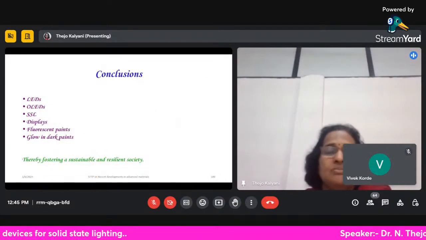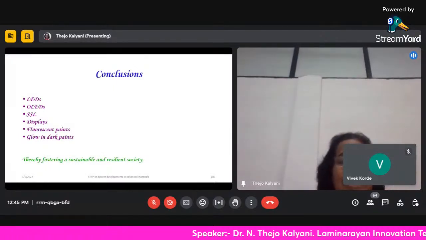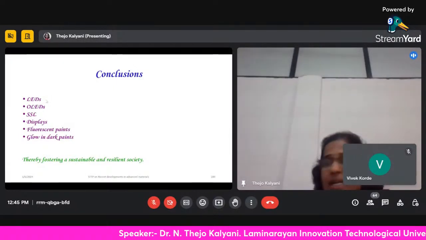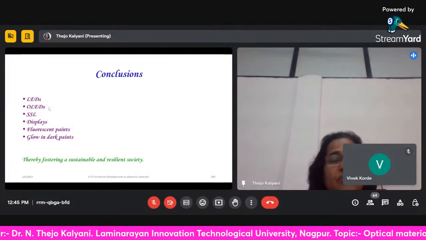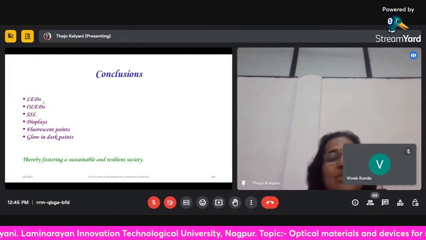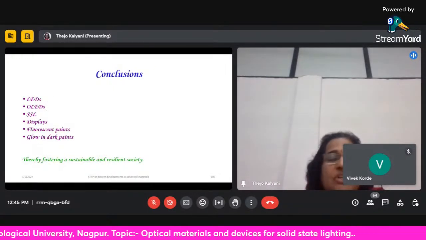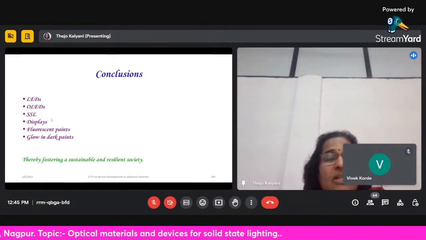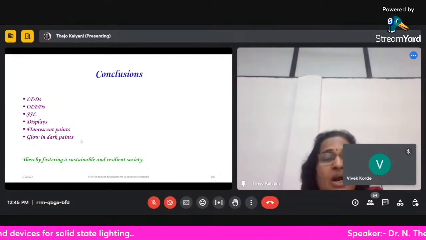So till now we have discussed LEDs, how they are made, and on what mechanism they work, and how they are different from organic light emitting diodes, and how these LEDs and OLEDs are going to be used for solid state lighting and even displays. We have talked about fluorescent paints and even glow-in-the-dark paints.